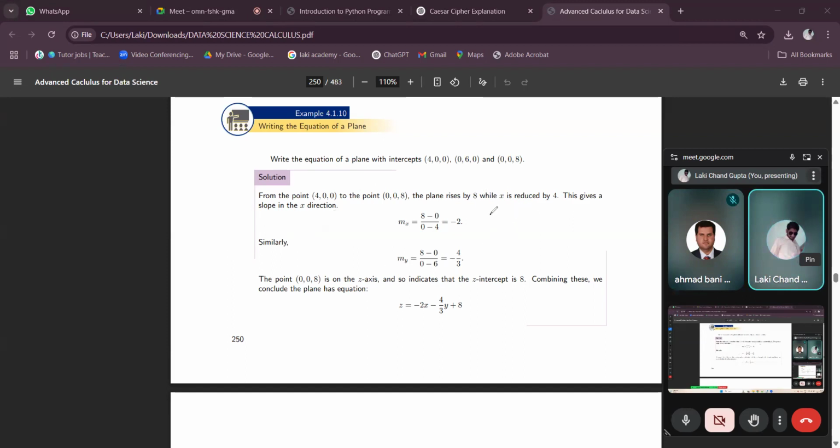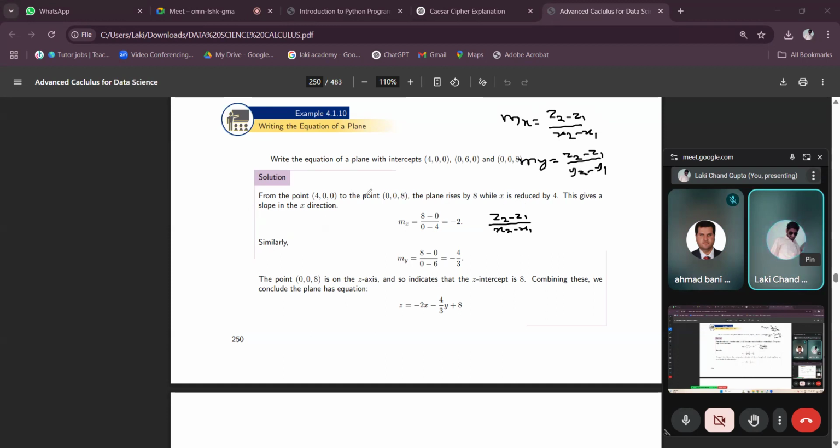You can find z2 minus z1 upon x2 minus x1 for finding mx. For my, z2 minus z1 upon y2 minus y1.